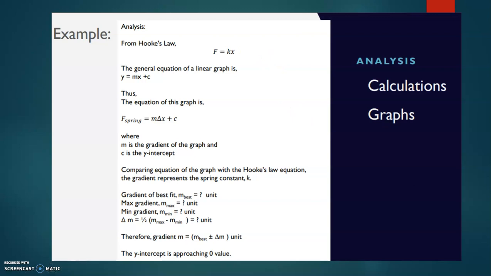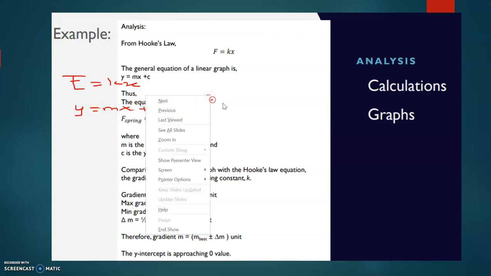The theory of the graph, for example, from Hooke's law: the theory of the experimental Hooke's law is F equal to kx, right? When we compare it with the general equation of the graph, y equal to mx plus c, in this case c will be equal to 0.